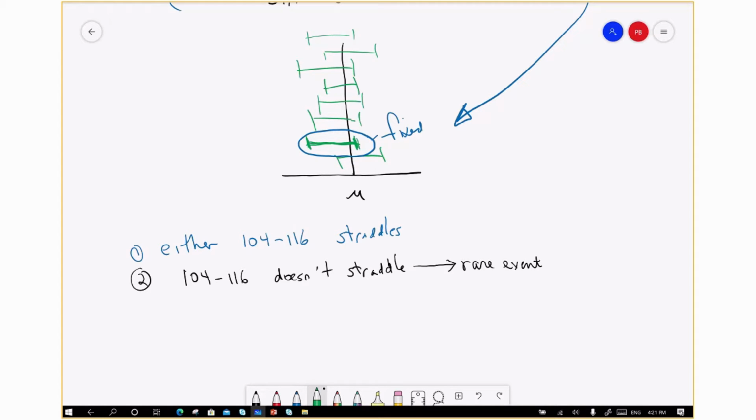Our particular interval either does or it doesn't. But if it fails to straddle the true mean, that means that a rare event has occurred. And so, since we tend not to believe in rare events, what we're going to do is permit ourselves to assume that that interval actually does straddle the true mean.